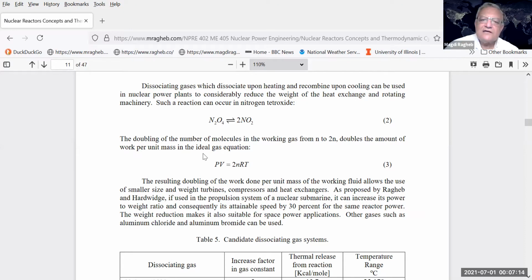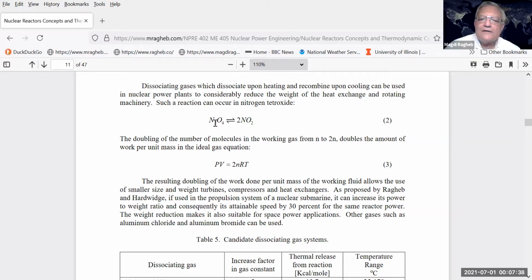Some gases like nitrogen tetroxide, upon being heated, dissociate into two molecules of nitrogen dioxide. So here you start with one molecule of a gas and you heat it, you dissociate it into two molecules of the gas. And if you cool that nitrogen dioxide, it turns back into nitrogen tetroxide.